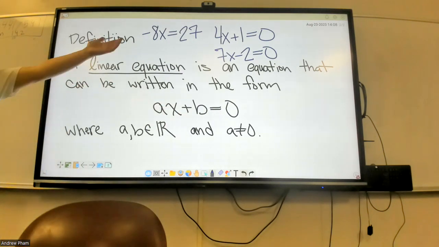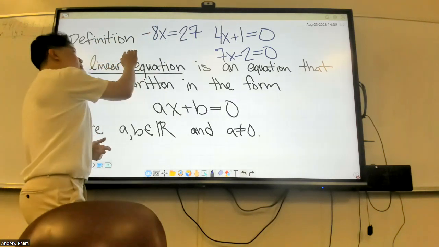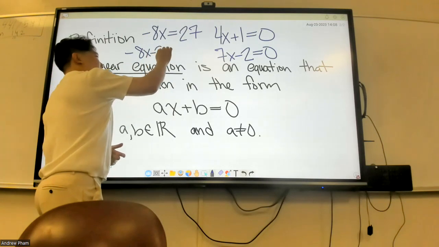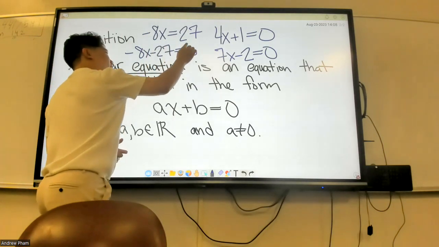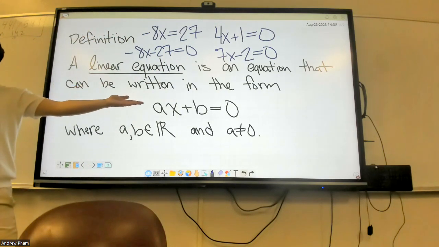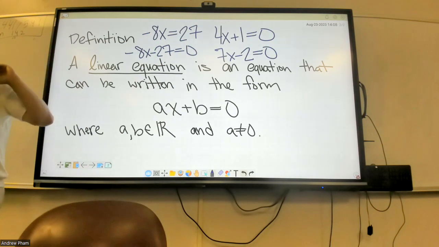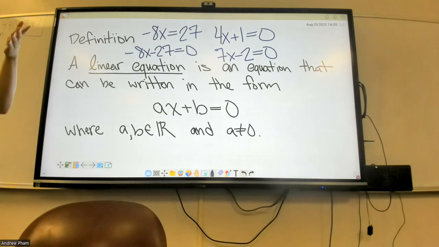Yeah, because if I just subtract 27 from the left and the right, this is the same thing as me writing this. Those are both essentially the same equation, and it has that same matching form, ax plus b. So what I'm trying to get at is whenever you look at an equation, it might not look linear, but if I can rewrite it in that way somehow, then it is actually linear.